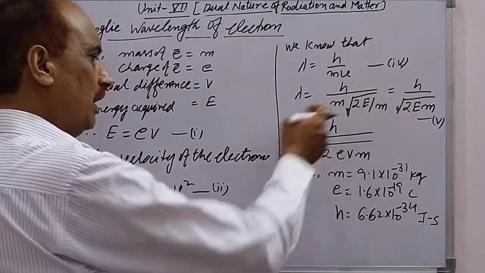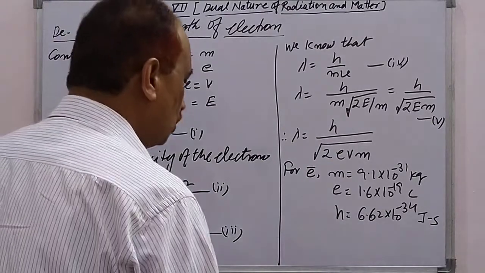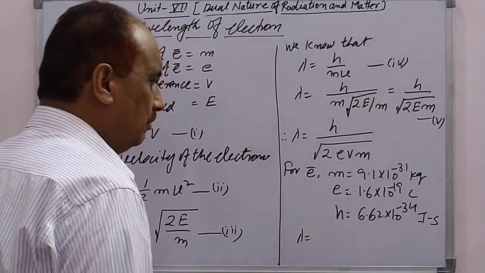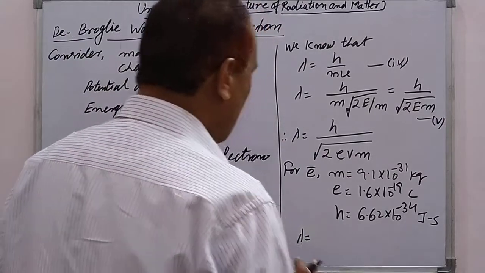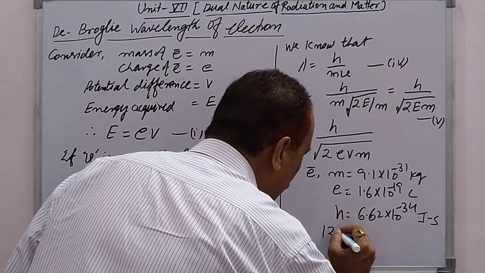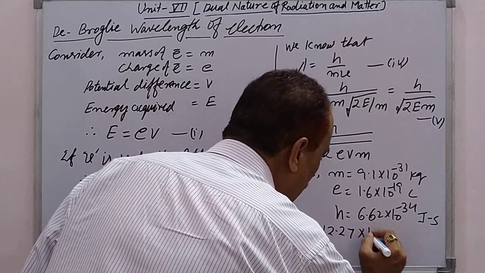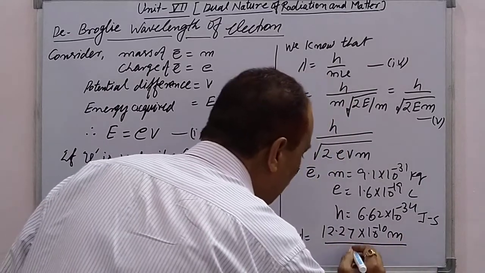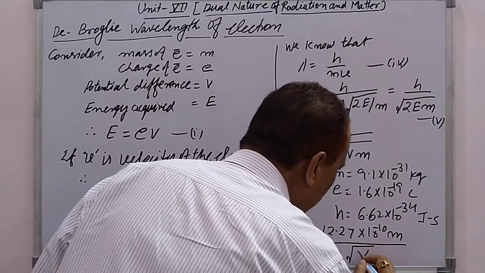After putting in and solving the values, we get the result, that is equal to 12.27 × 10^-10 meter divided by the square root of V.